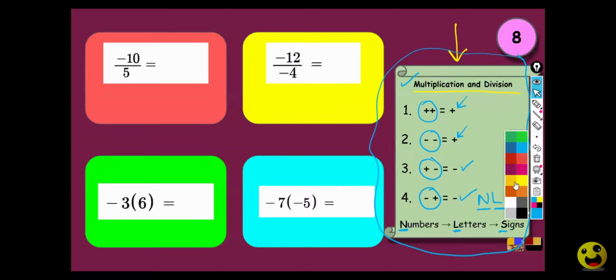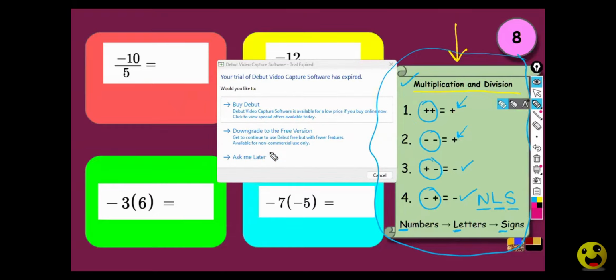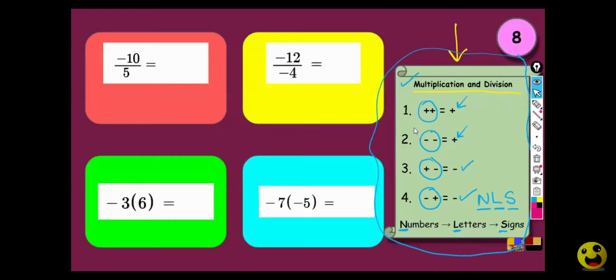Let me choose a cool color. Let me choose a kind of pinkish color here. Here we have -10 divided by 5. Now, I want you to make sure and put in your signs. We know this 10 is negative because when we look to the left, this 5, last week I told you, if you look to the left and you don't see a sign, it is automatically positive.